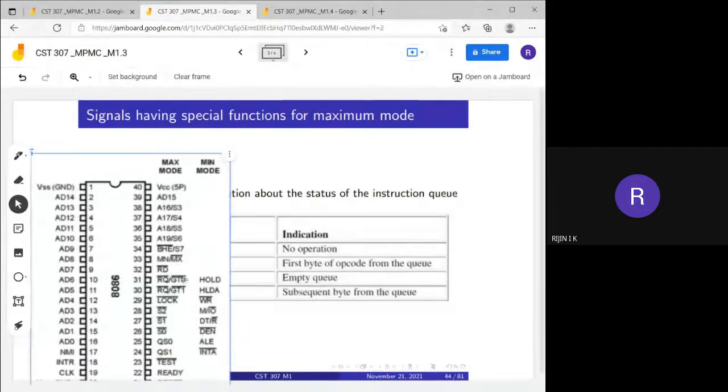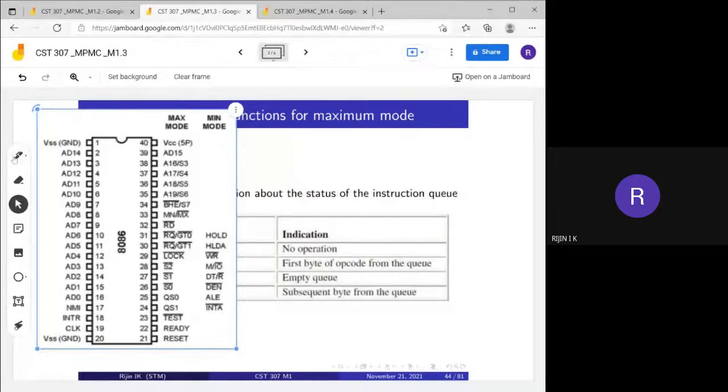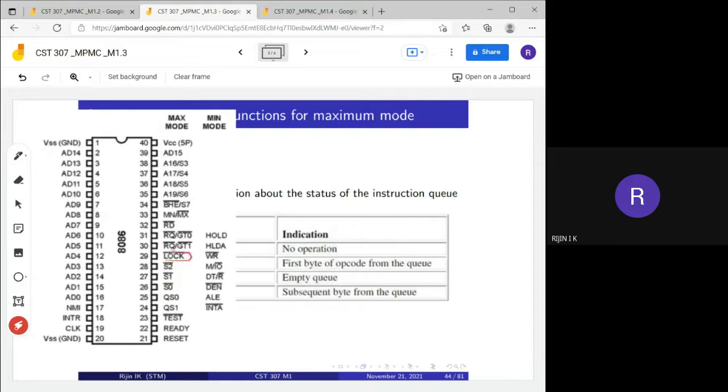These are the signals that are available in the maximum mode, from pin number 24 to 31. That is QS1, QS0, S0, S1, S2, then the LOCK signal, then the request grant signals RQ/GT1 and RQ/GT0.